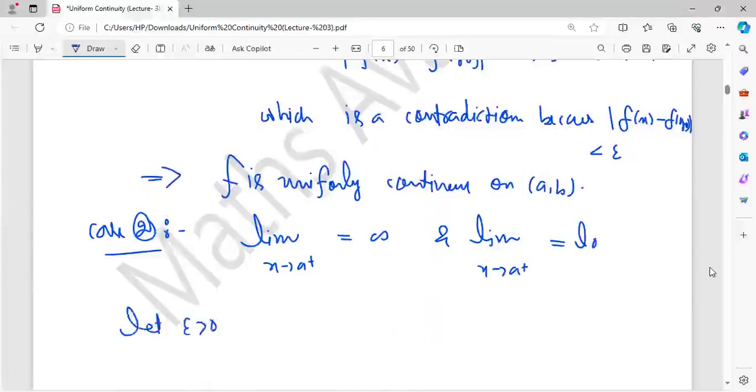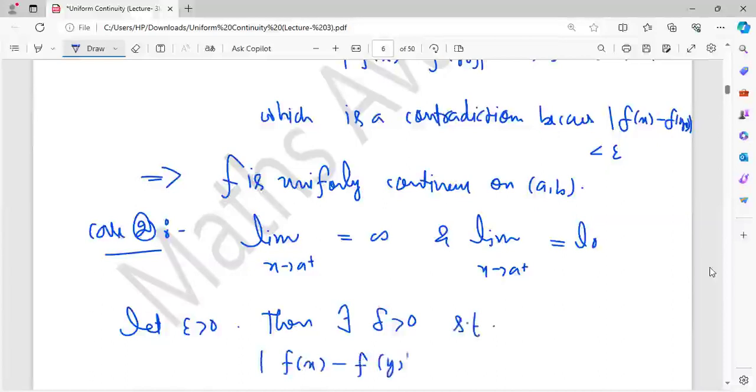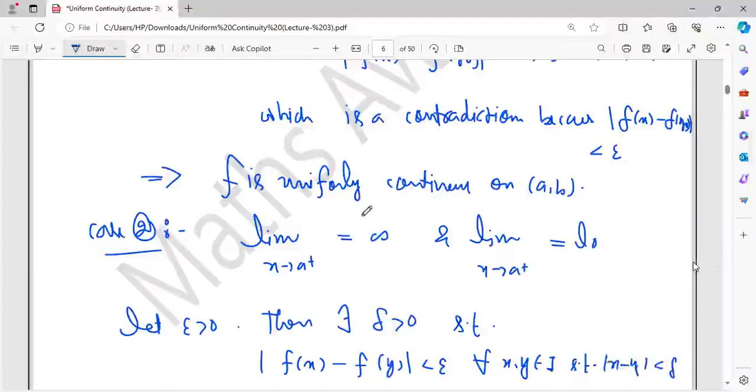Then there exists delta greater than 0 such that |f(x) minus f(y)| less than epsilon for all x, y belonging to I such that |x minus y| less than delta.